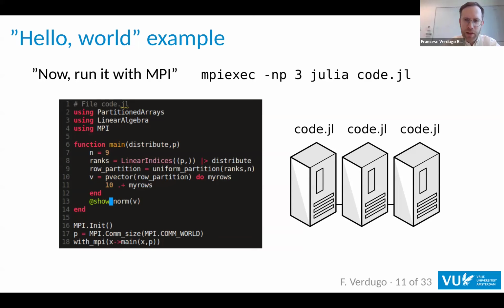For the moment, you need to put all your code inside a main function, and use the function provided by PartitionedArrays called with_mpi, which essentially deploys this function on a supercomputer. So you can switch from a sequential execution to a parallel execution on a supercomputer. This is what gives you the best of both worlds, right? You can use a Jupyter notebook for debugging and prototyping, and then also have a real distributed code running on a supercomputer.